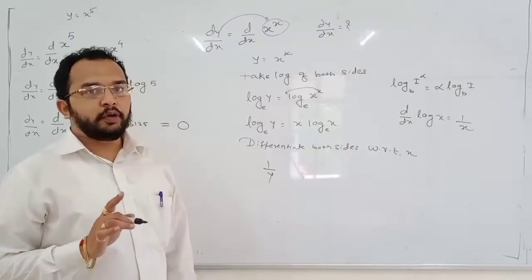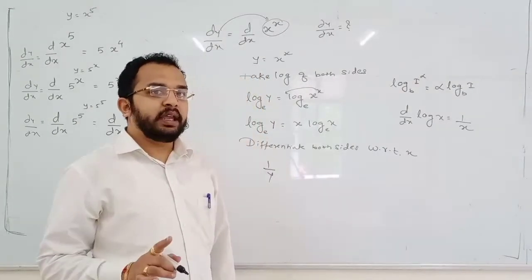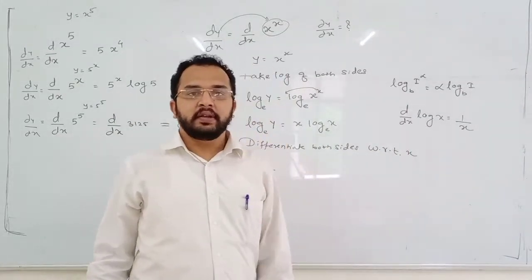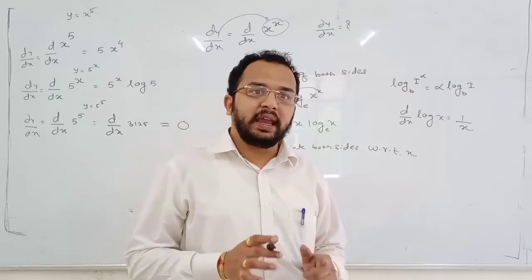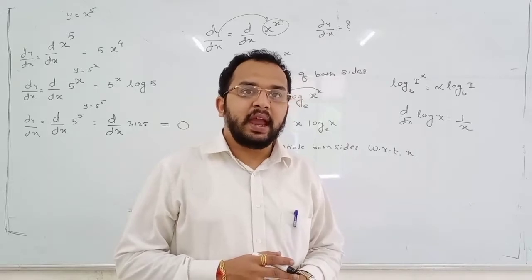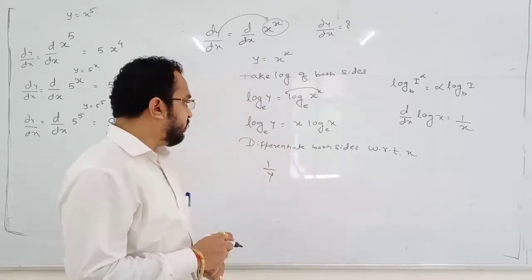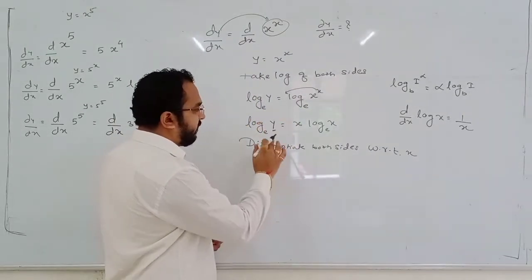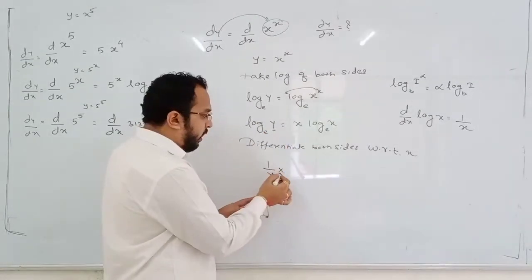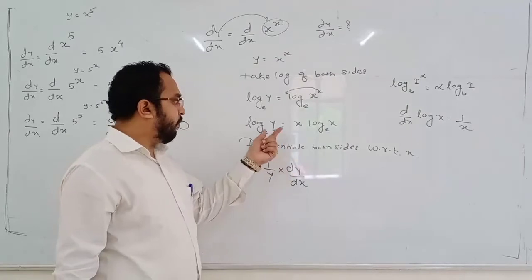But I have told you we are differentiating with respect to x, and if that something is something other than x, then we have to differentiate it again in the product, and that is called the chain rule. Here that something is y. So we need to differentiate this y again in the product. So differentiation of y is dy by dx, differentiation of y with respect to x.